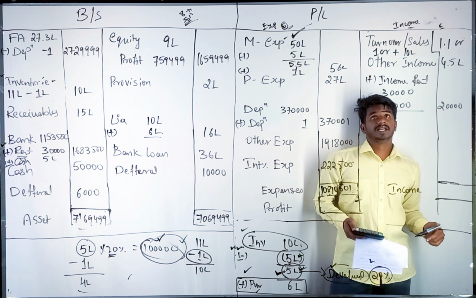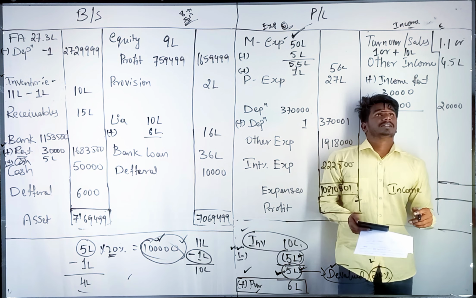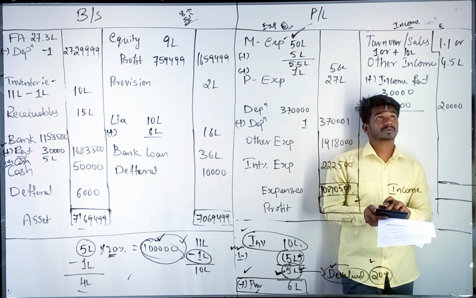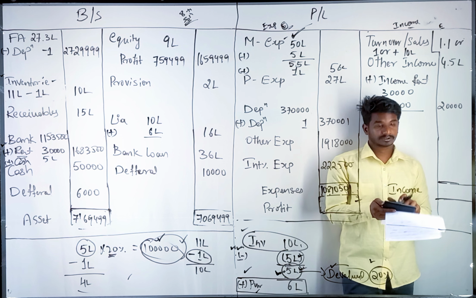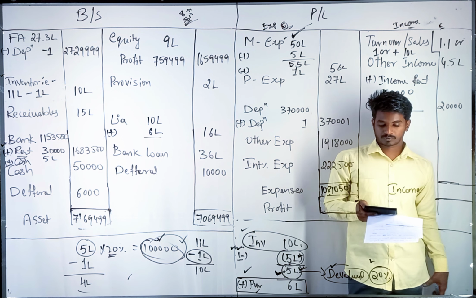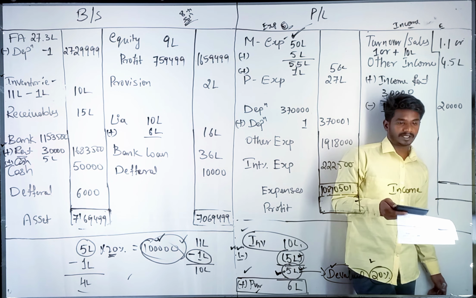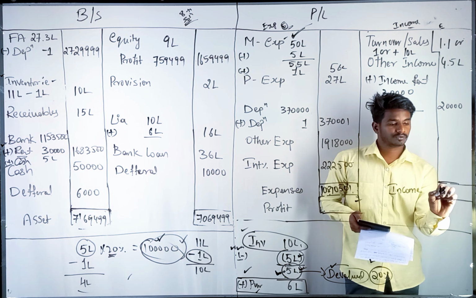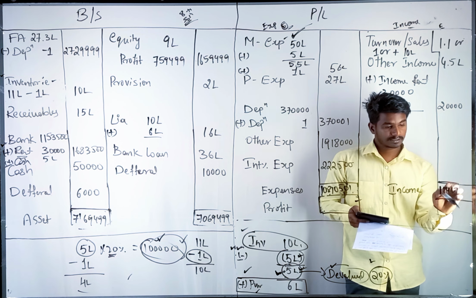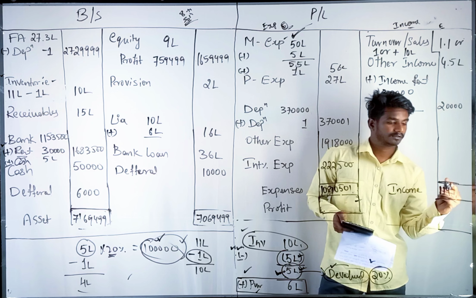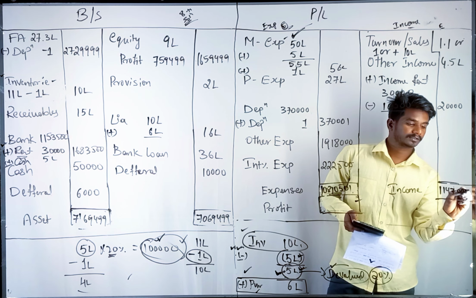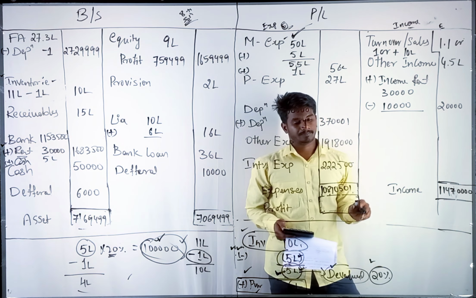Right. Next, in the income side, 1 crore 10 lakh, 4,50,000 and 20,000. It becomes 1 crore 14 lakhs 70,000, not 17. 70,000 is the income.